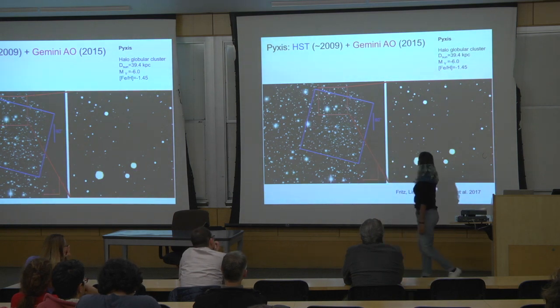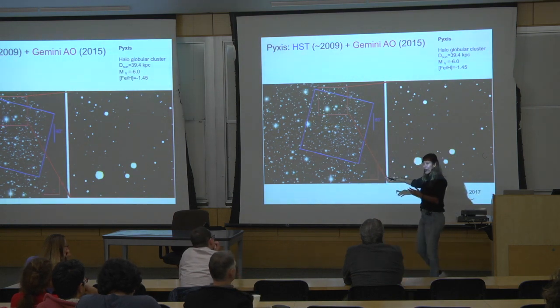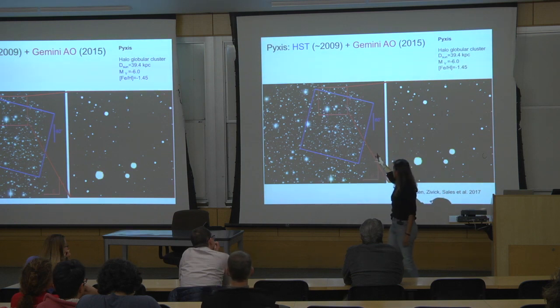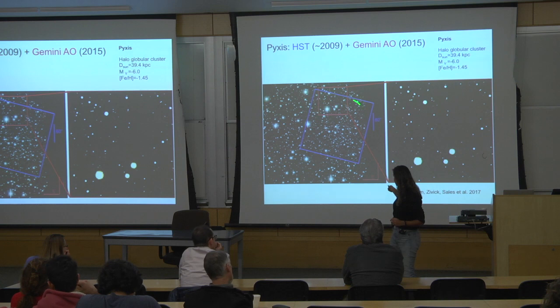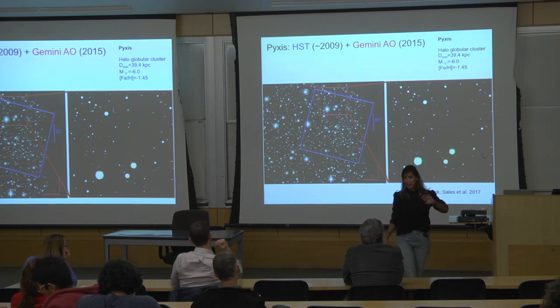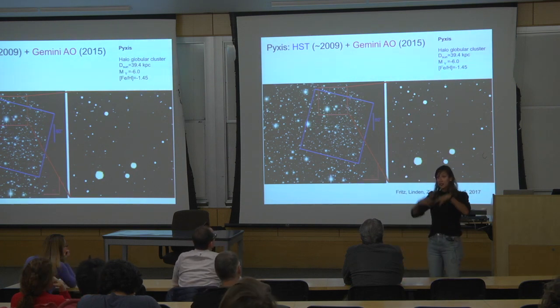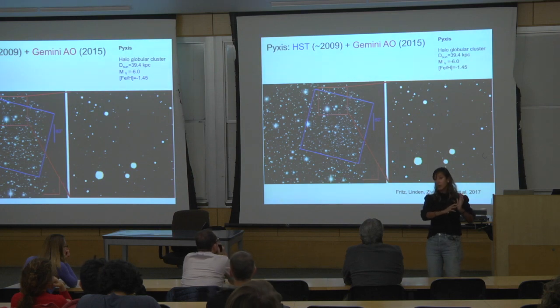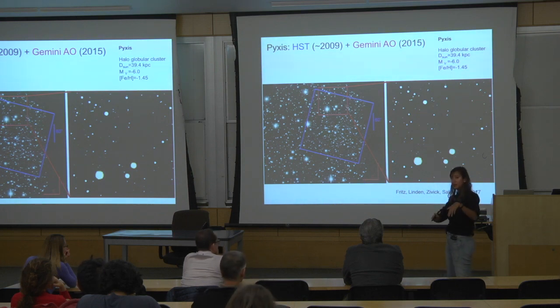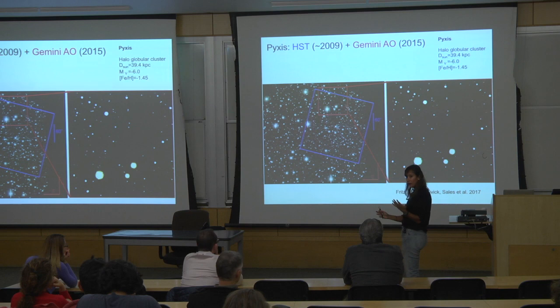Now, I was personally interested in this object because we get to set up a simple experiment in which we can take the HST positions of stars in that globular cluster as distortion-free, as known, because we think we understand the distortion on the HST camera really well.